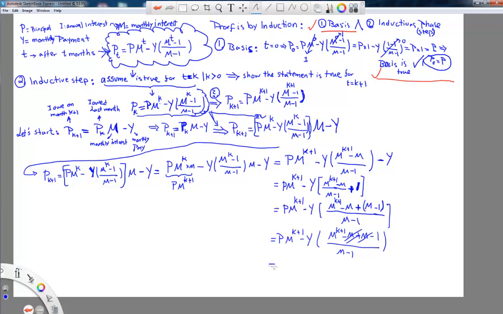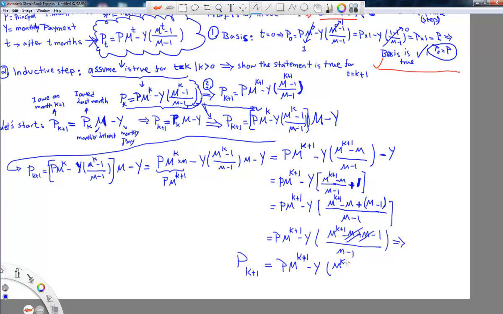So then, from here, p sub k plus 1 is equal to p times m to the k plus 1 minus y times m to the k plus 1 minus 1 over m minus 1. If only I could write neatly.